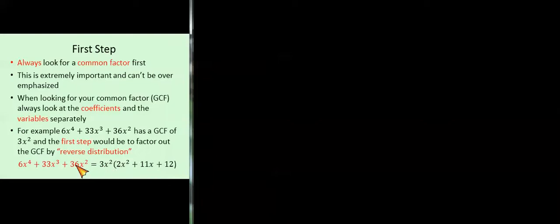And 3 times what is 36? 12. And since we have 2 factors of x here, we don't need any more factors of x, and it's just 12 here. Notice when you look at this, what's left, there are no common factors here. If you factor and you have a common factor left in here, you didn't do it all the way.